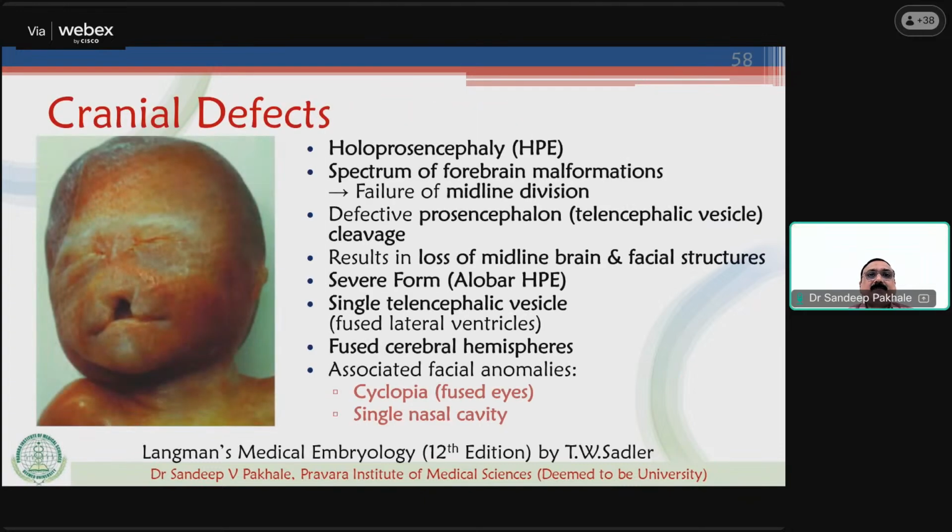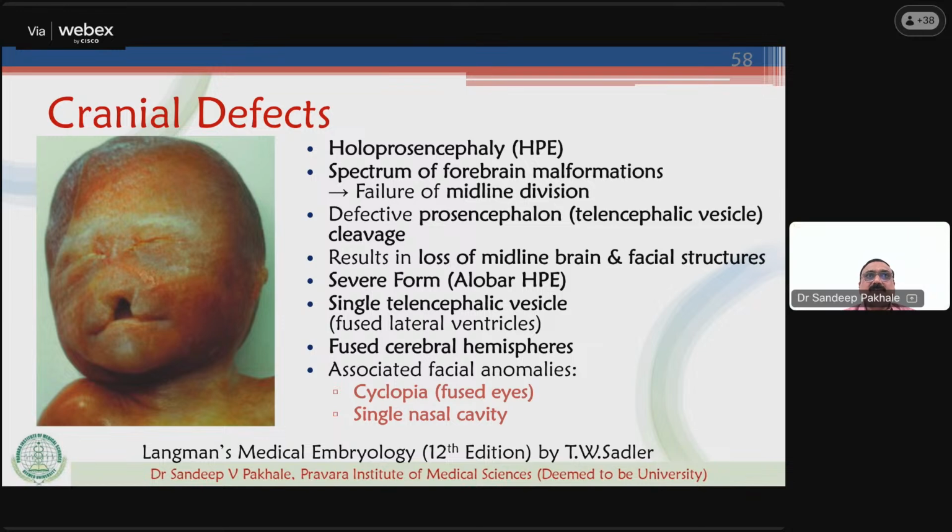Another cranial defect is holoprosencephaly. This holoprosencephaly represents a spectrum of developmental abnormalities resulting from failure of the forebrain to divide into two hemispheres. So this leads to loss of midline structures affecting both the brain and the face.